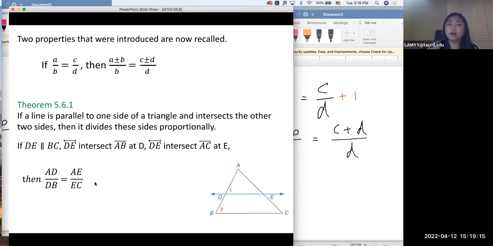Highlight this formula. If these two lines are parallel, you can write the sides proportionally using this formula.